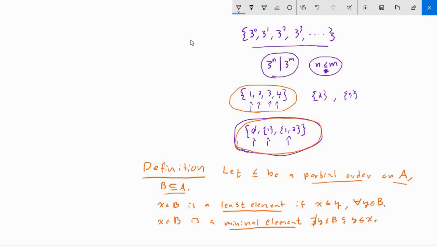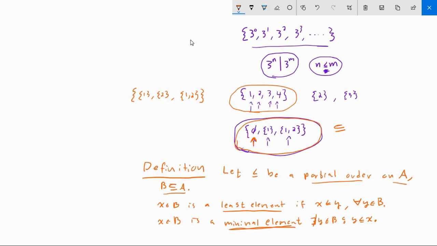So we see in this relation the empty set satisfies the property of a least element. Because under the subset relation, the empty set is the least element for this set. And it does also happen to be the case that it is minimal.